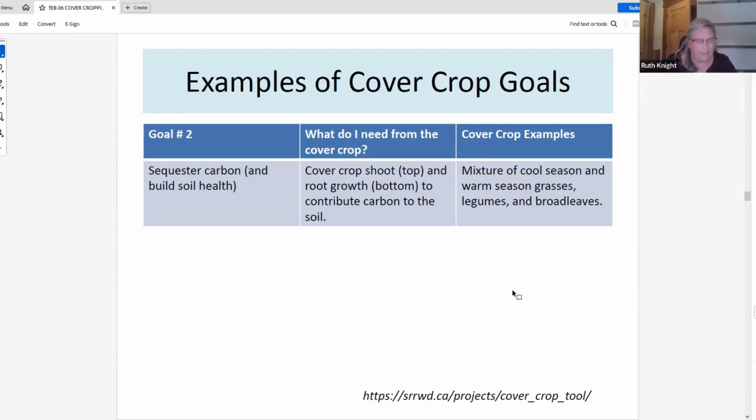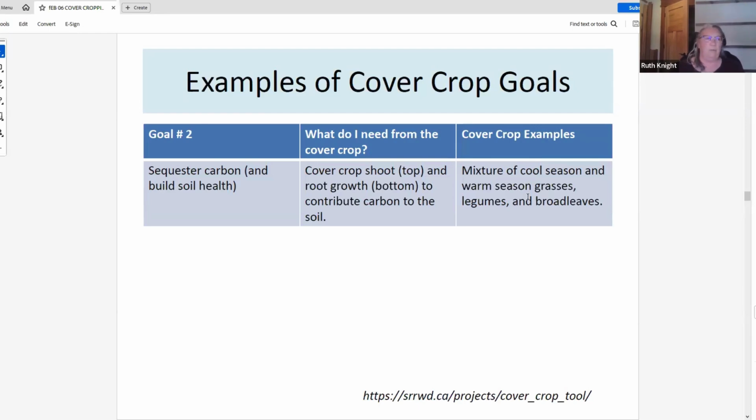You may be looking to sequester carbon and build soil health. So in that sense, you're really looking for a cover crop that has a lot of biomass. And so the cover crop shoot or top growth and the bottom growth contribute carbon to the soil.